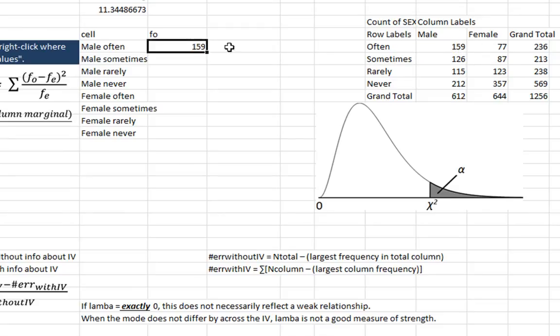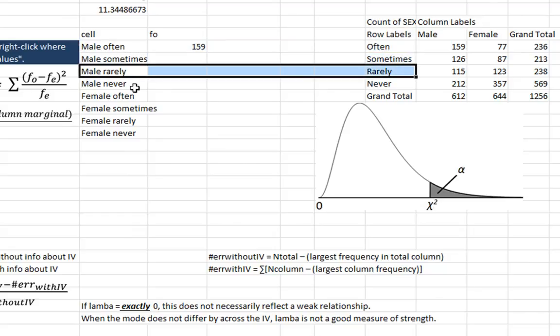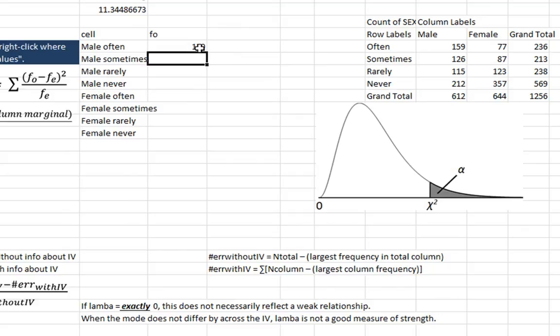And if we've done this right, often, sometimes, rarely, never, this formula we can just copy down for the males. It's going to give us those same numbers because it's a relative reference. And for the females, we have often, and if we copy down that cell from often, it's going to give us the sometimes, the rarely, and the never.